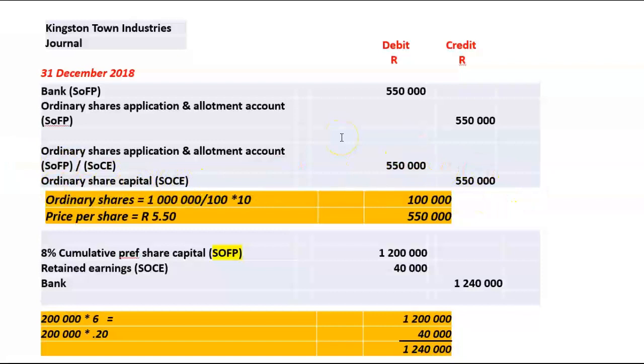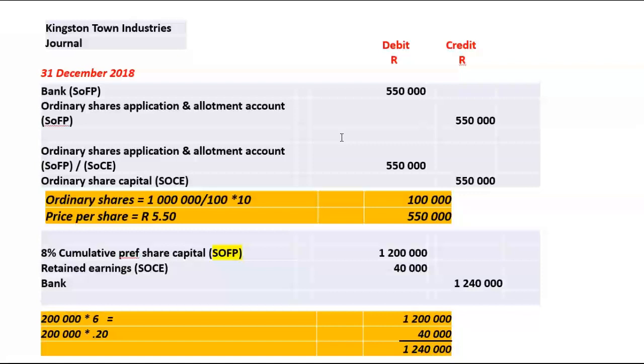Now you can ask me, is it necessary to show the ordinary shares application and allotment account? And yes, it is. If you didn't show it, you would have lost some marks. Why? Because guys, all the shareholders did not take up the shares at the same date. There would have been a time lapse from when the announcement was made that they have the right to take up these shares until the last date that they had in order to do so.